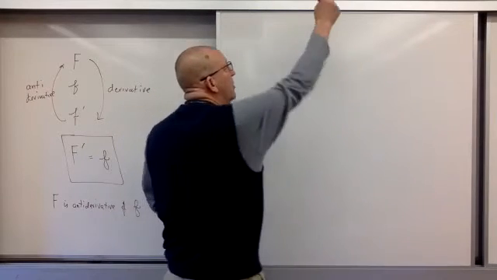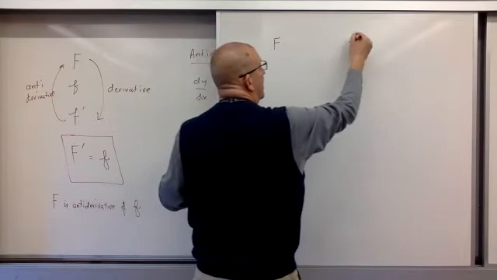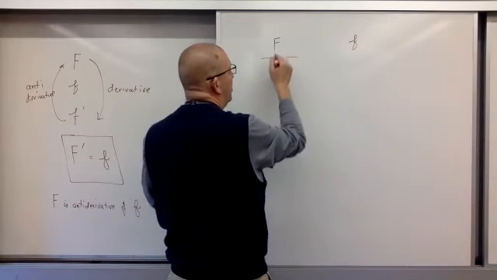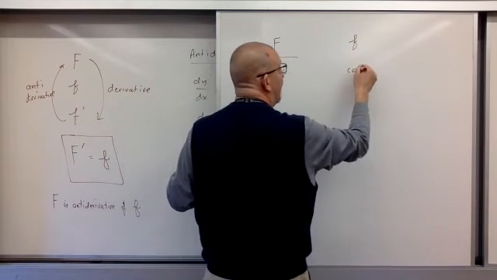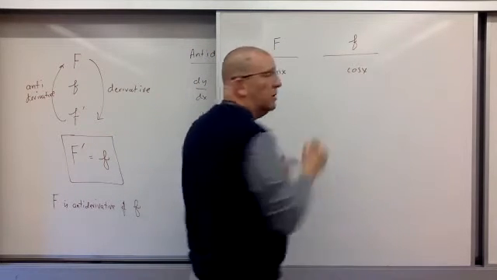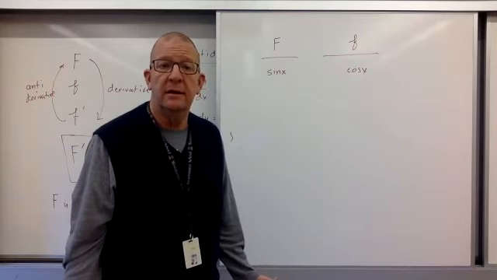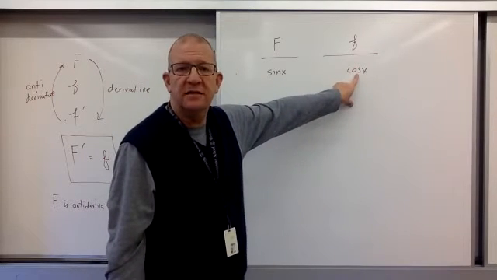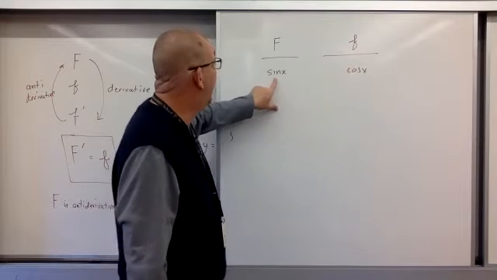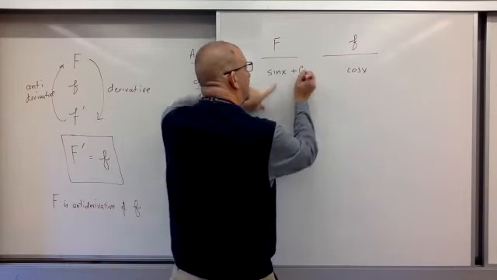If I give you big F, and I tell you big F is sine x, you tell me little f is cos x, don't you? Right? But what if I tell you little f is cos x? Big F is going to be sine x plus some constant.